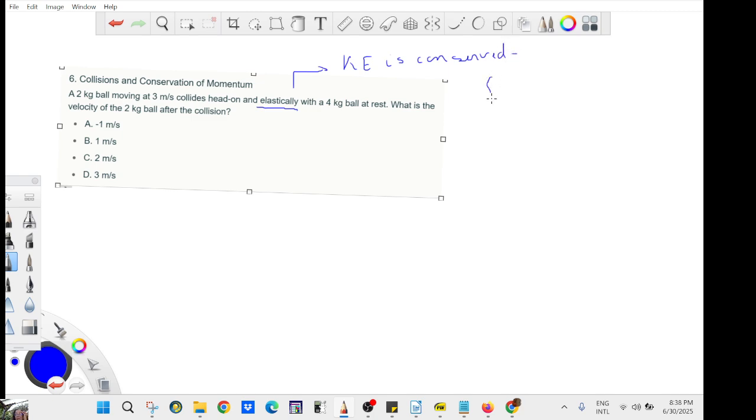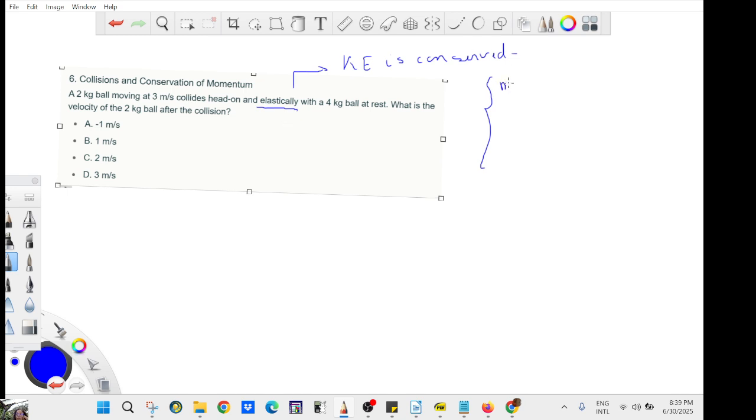So momentum is always conserved if it happens quickly and we neglect the external force. Kinetic energy is conserved only when it's elastic and it doesn't stick, for example.